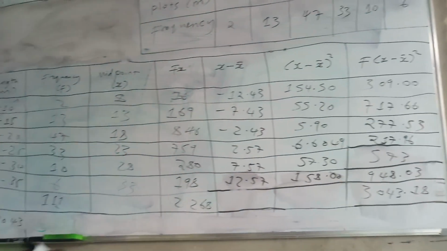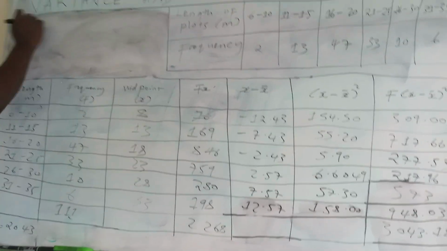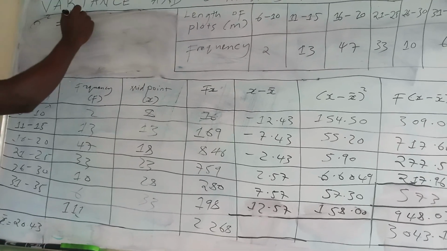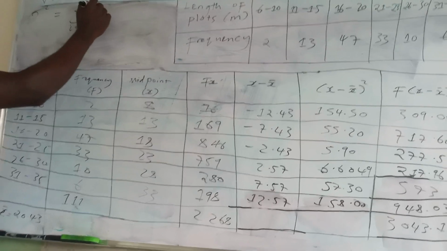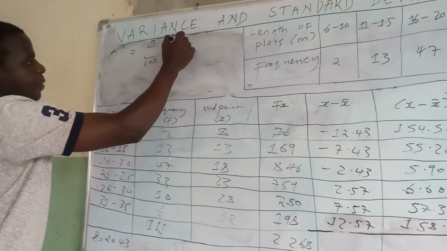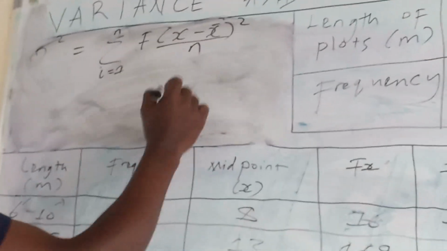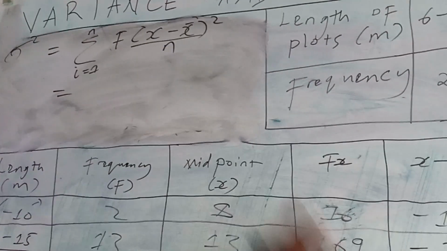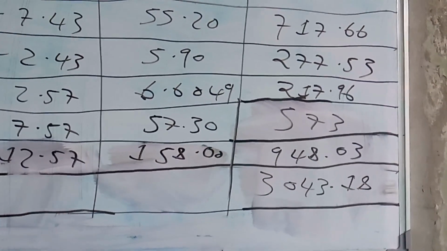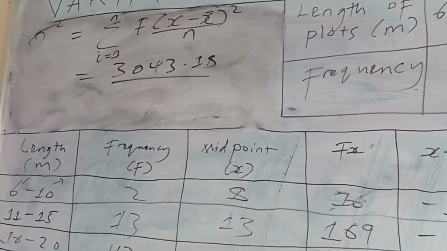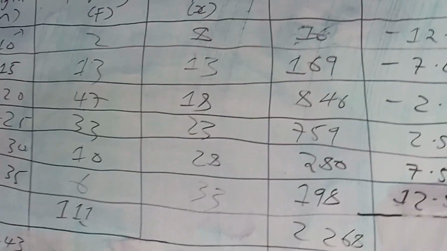My total here is 3043.18. To calculate the variance, represented by this symbol σ squared, it is equal to the summation of f times (x minus x̄) squared, over n. For this value, I'm going to get 3043.18, divided by the total frequency, which is 111.